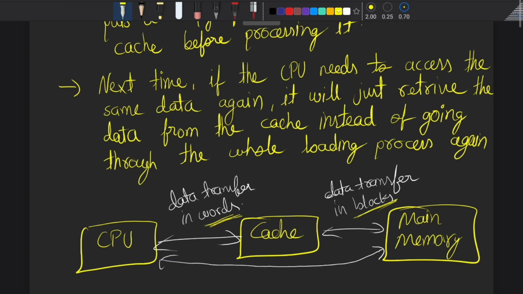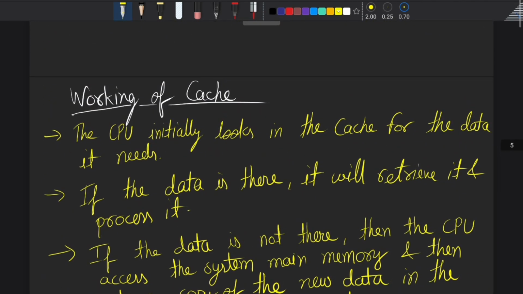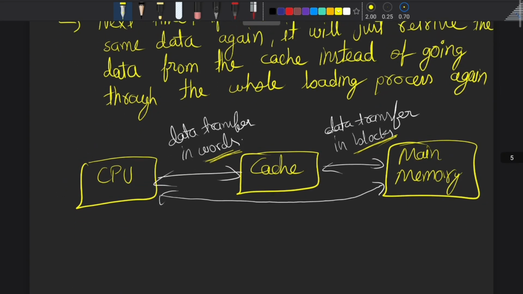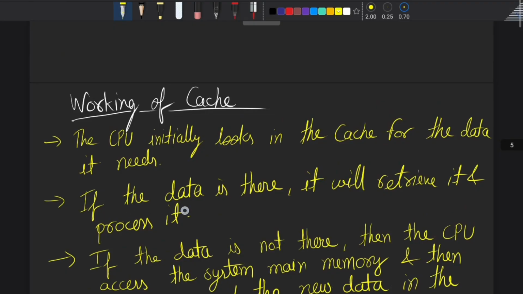So now let's see the working in detail. The CPU initially looks in the cache for the data it needs. As I have already said, the CPU first looks into the cache for the data it needs. If the data is there, it will retrieve it and process it.